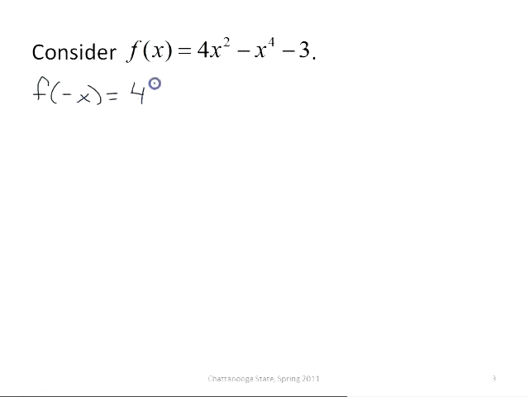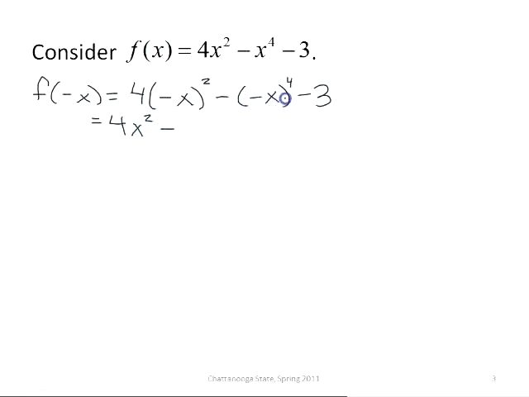So that's going to give us 4 times a negative x squared minus a negative x to the 4th power minus 3. Now you've got to really watch your signs here on this problem. When you square a negative x, it's going to end up just a positive x squared.